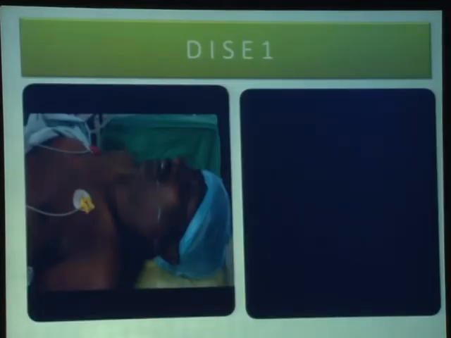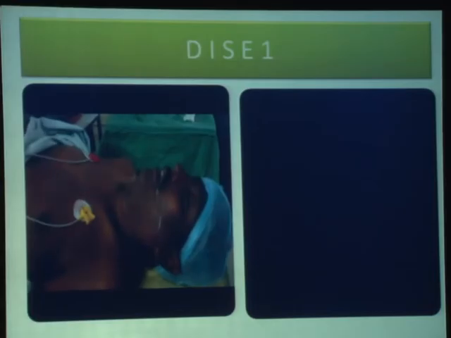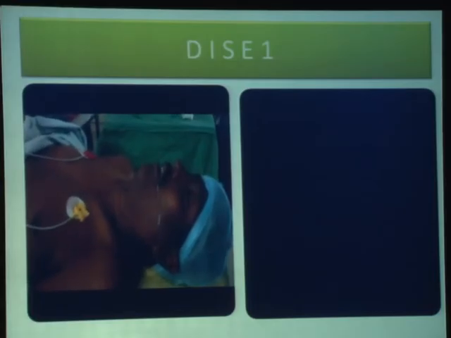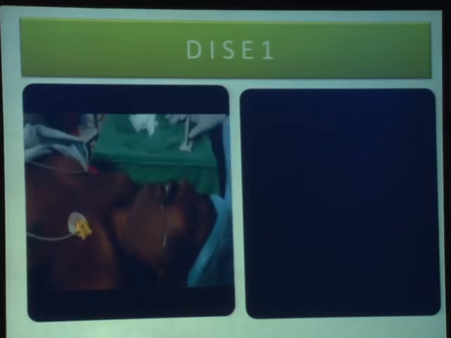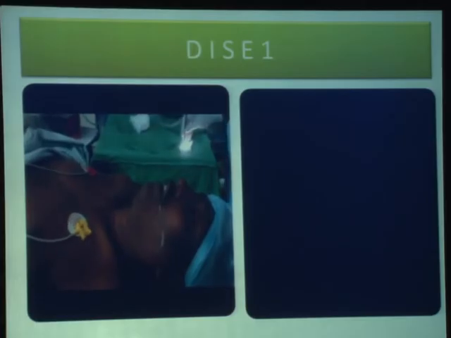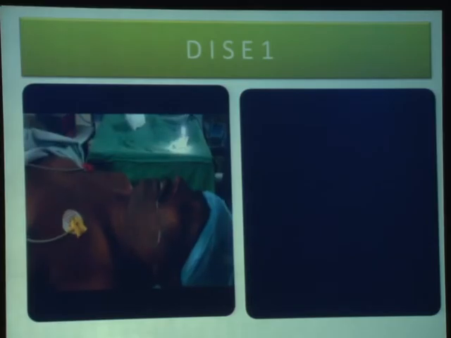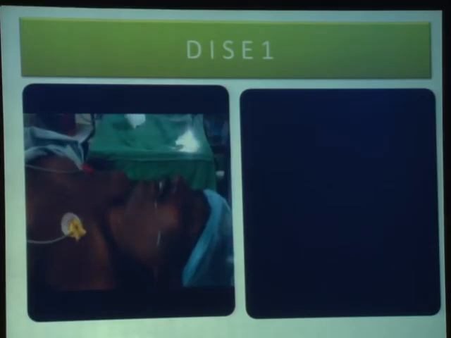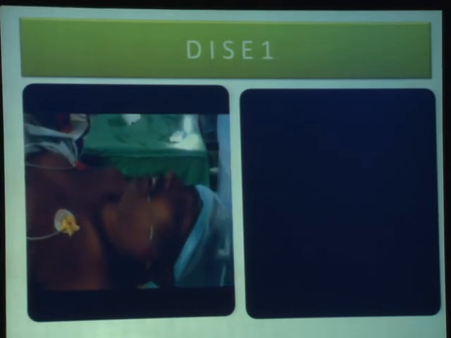So this is a patient, propofol is not given yet, just midazolam is given. Look at the movement. He's in apnea. Now little air is going there. There you go, again apnea. He's trying to breathe, but he's not able to.